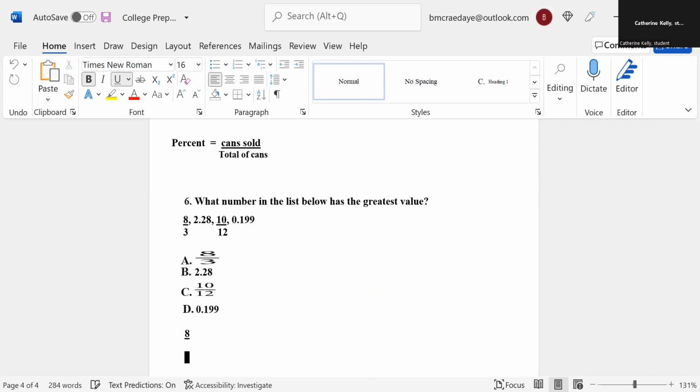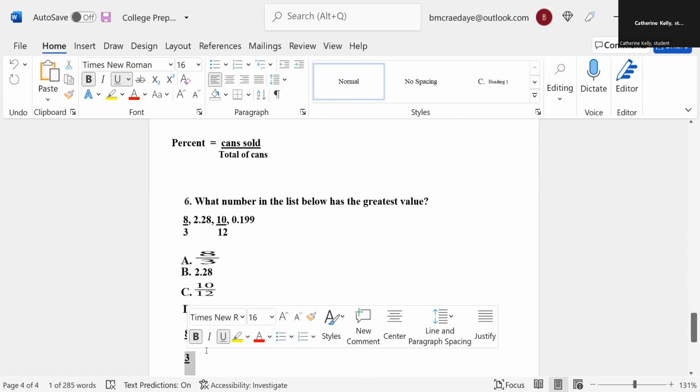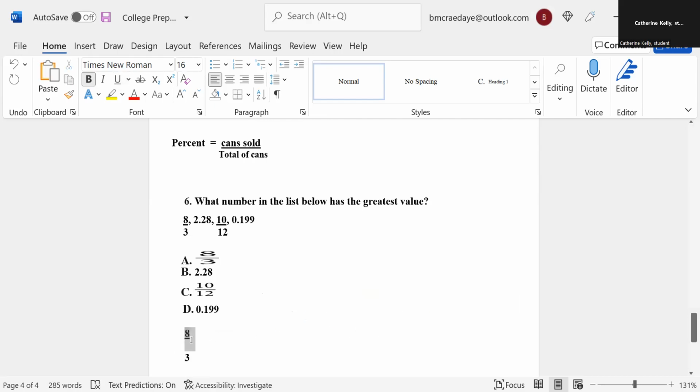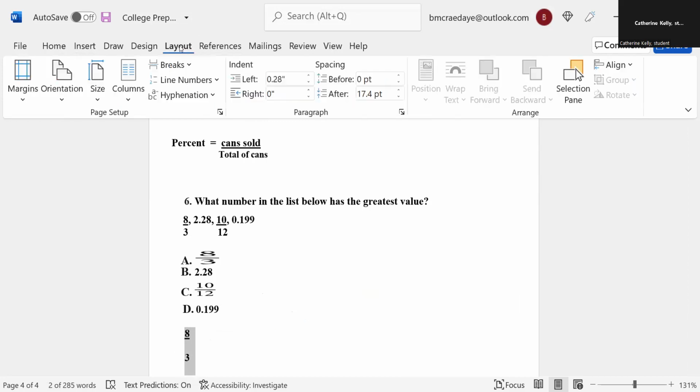Divide 8 by 3. What do you get, Catherine? You got 2, with something left over.